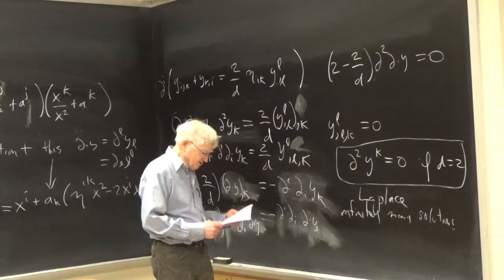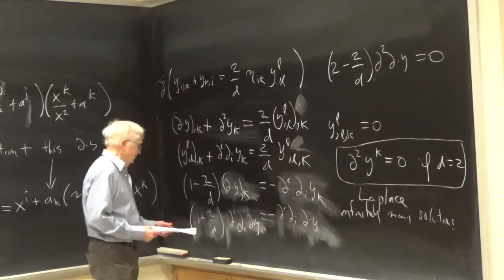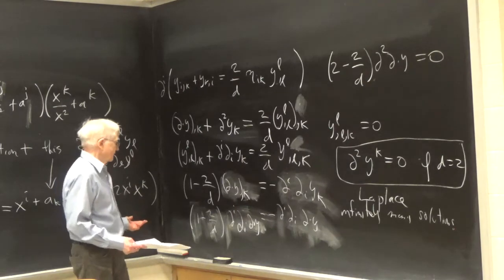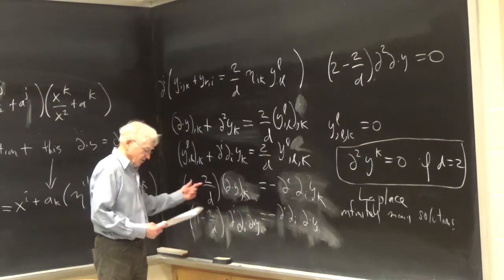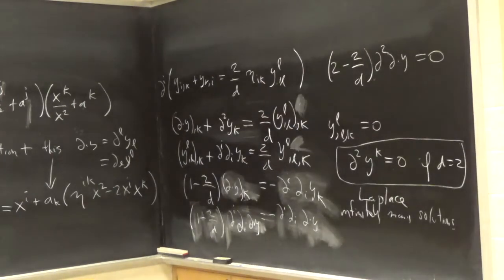If we're not in 2 dimensions, then we have a more complicated equation, either this one or that one. Or in fact, we have both equations. All right, let me give you guys the candy that we deserve here. Why don't I give you 2 of them?